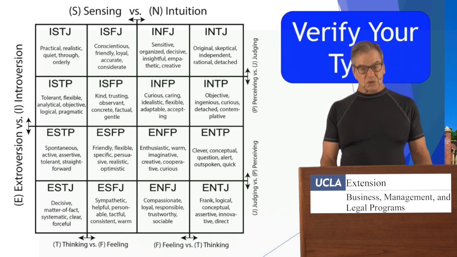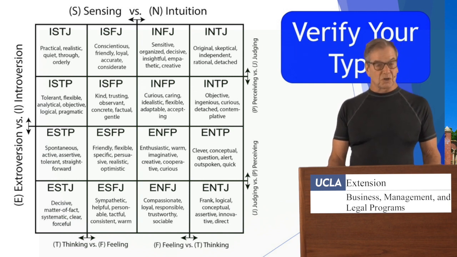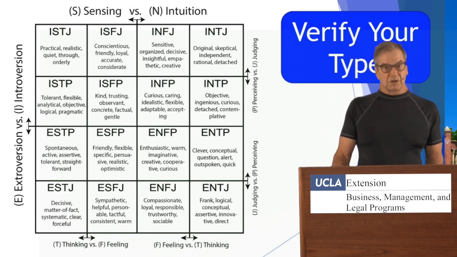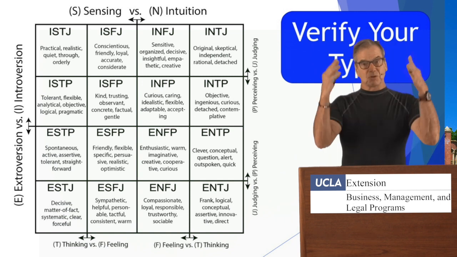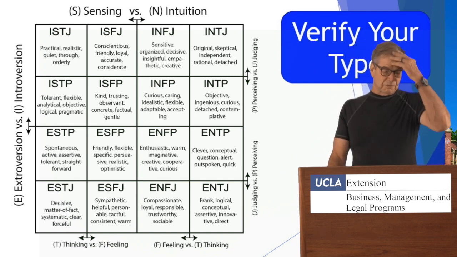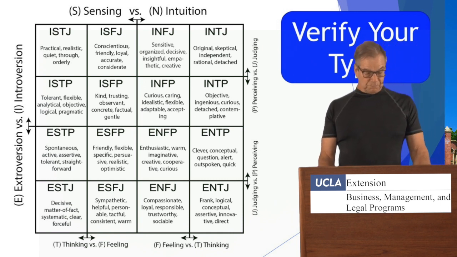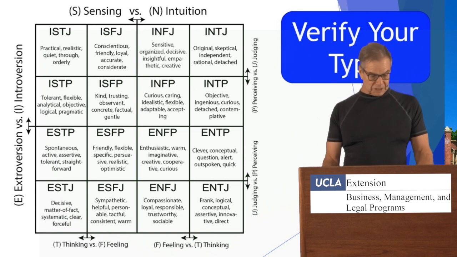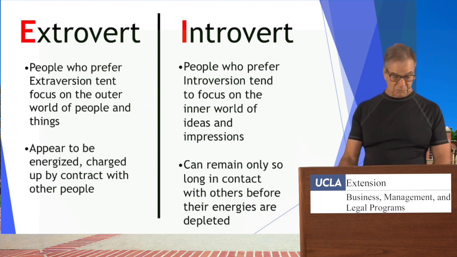Know that once you determine your four-letter type, you can always go online and just put the four letters in, and just say, ENFJ psychological type profile, and you'll get oodles and oodles of information on your type. So this is the first step, where we start validating our type. We've still got much more information here that we're going to share with you to help do that.